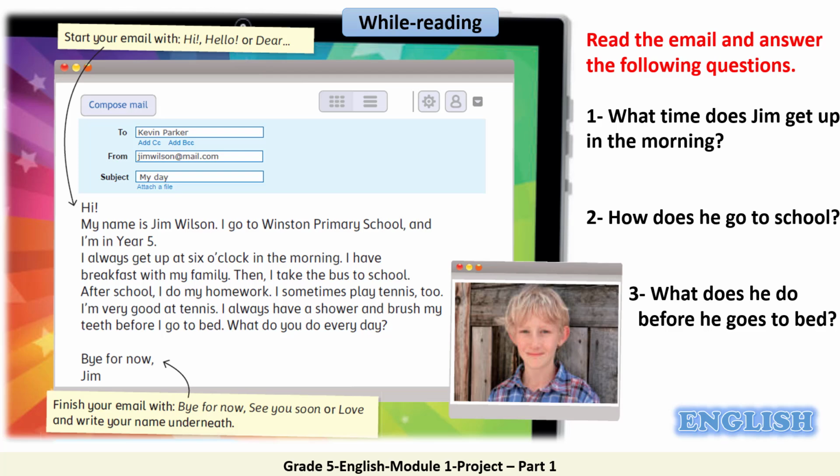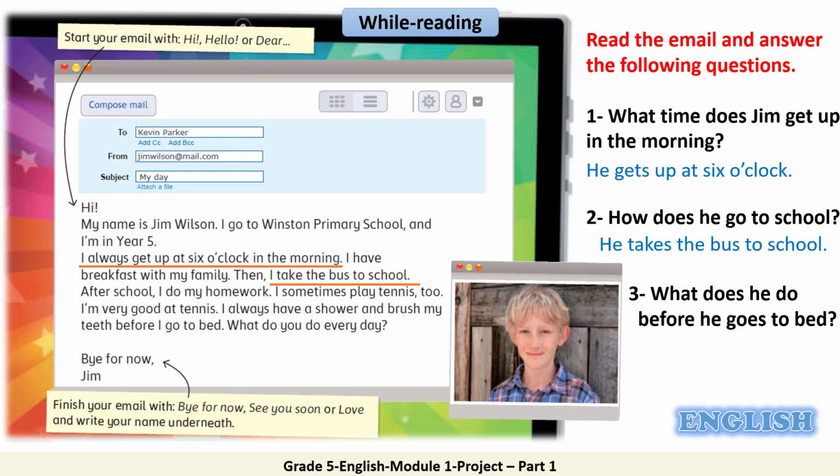The first question says, what time does Jim get up in the morning? And this is mentioned here in this line. I always get up at 6 o'clock in the morning. So our answer here is, he gets up at 6 o'clock. The second question, how does he go to school? And it's also clear in the text in this line.